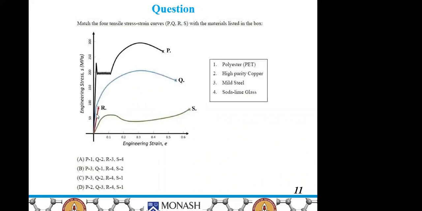In R we can see there is a brittle fracture, which is the case for glass. So R corresponds to 4. And here we have a sharp increase in length, which will be the case for polyester. So C is the correct answer.